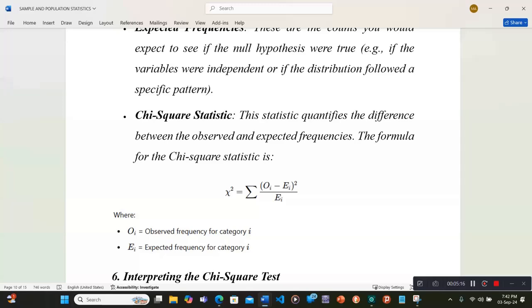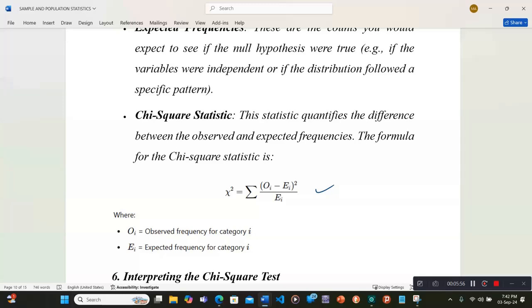Then the chi-square statistic. This is how we get it. It is a statistic that quantifies the difference between the observed and expected frequencies, and the formula is here. You take the observed frequency for category i, minus the expected frequency for category i, squared, then divided by the expected frequency for category i. Then I sum all those values, and what I get is x squared.